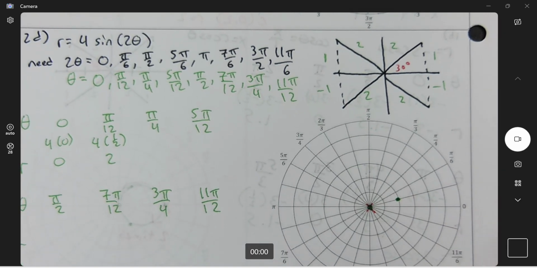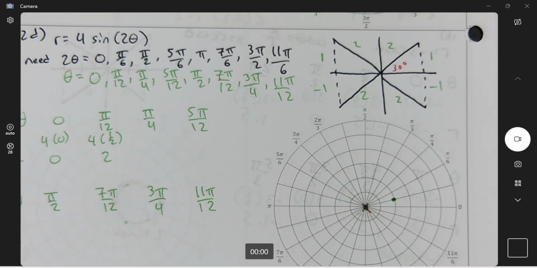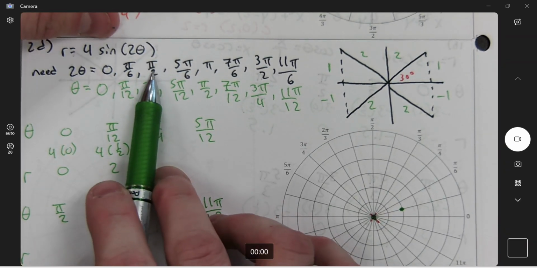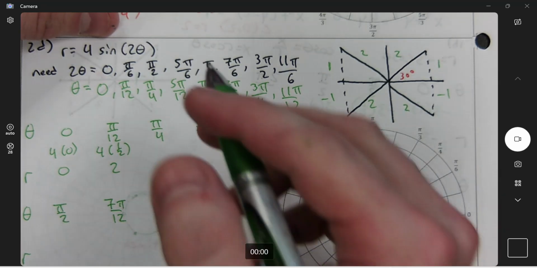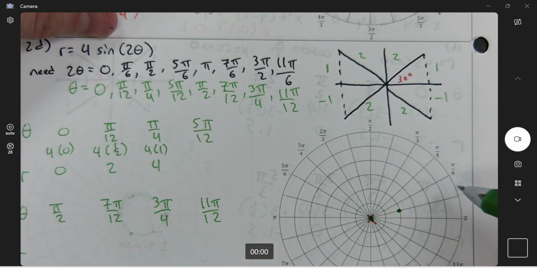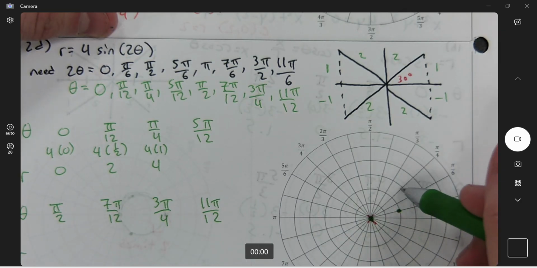I'm hoping you will notice that we have just swept out in a counterclockwise motion. Should not be surprised by that. At pi over 4, we're evaluating sine at pi over 2. Sine of pi over 2 is 1. So I have 4 times 1, or 4. So go to pi over 4, and you're on the 4th spoke, or 4th ring. 1, 2, 3, 4, right there.